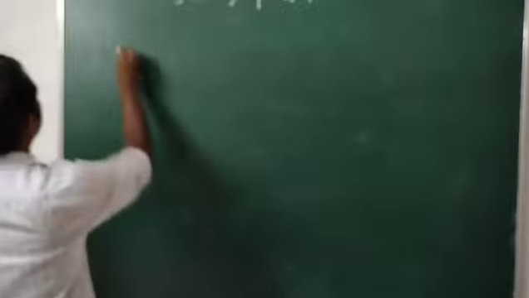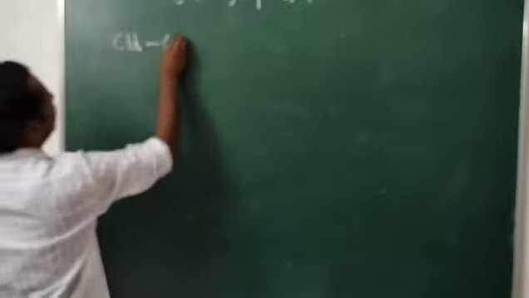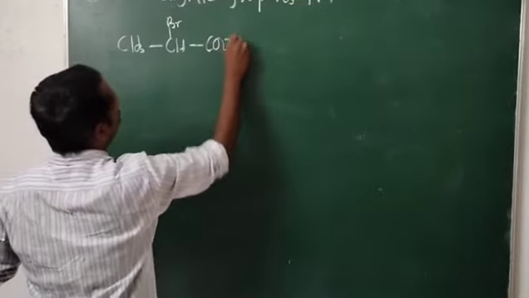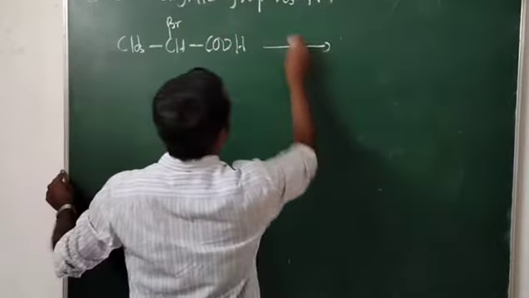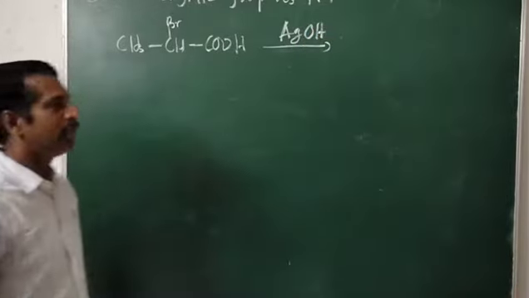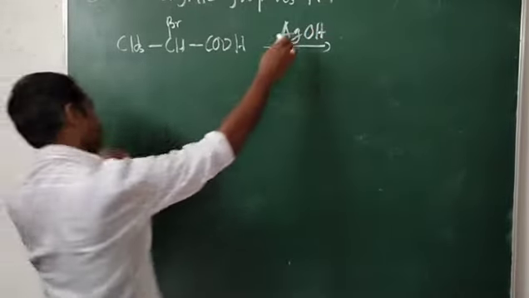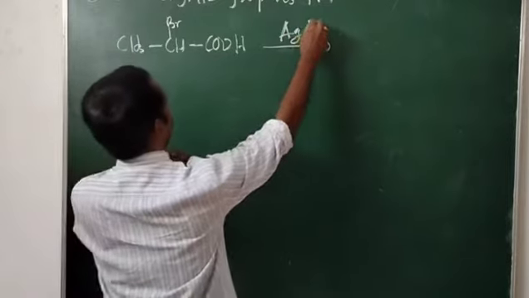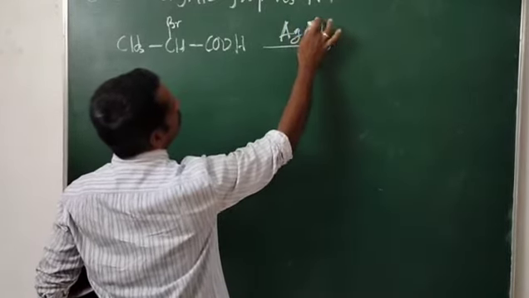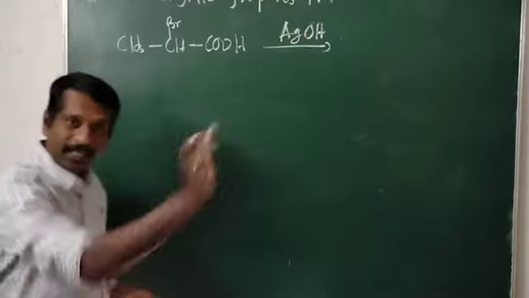Look at here. CH3, CHBr, COOH react with AgOH. Now here you can see that in AgOH the nucleophile is OH minus, and here it is Ag plus and OH minus. OH minus is our external nucleophile.